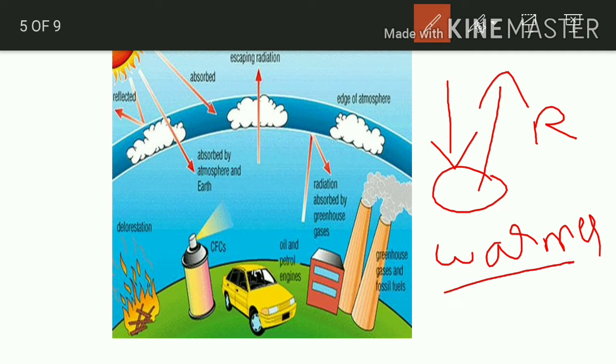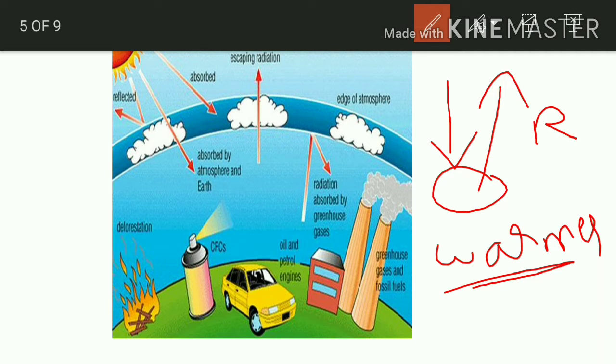Why does this take place? Because of the burning of fossil fuels, the pollutants and the industrial fumes going into the atmosphere.